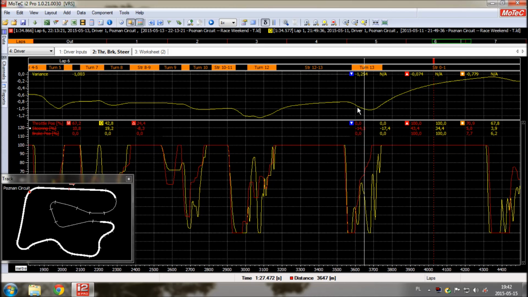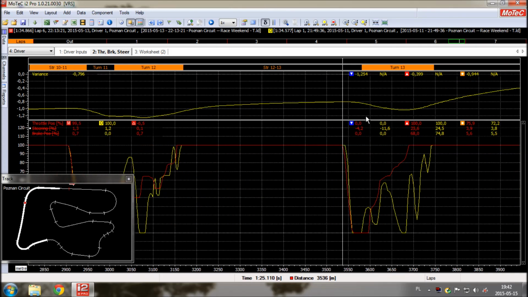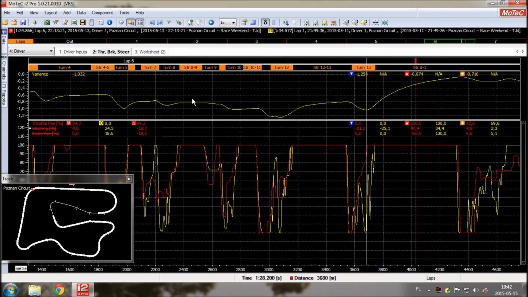So what happens? Remember, when he started braking, the gap was 0.8 of a second. Here we have like a second gap, okay, and on the start finish line, the gap was less than 0.3 of a second.